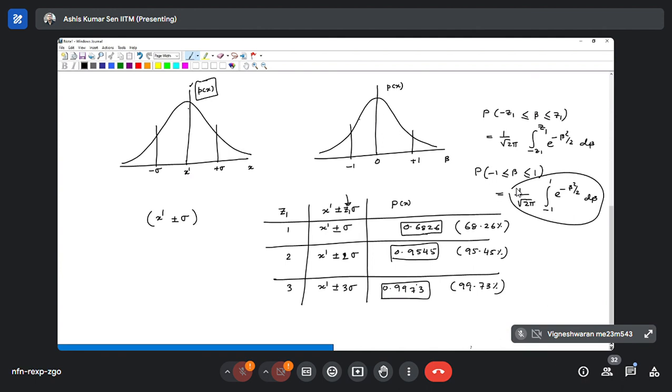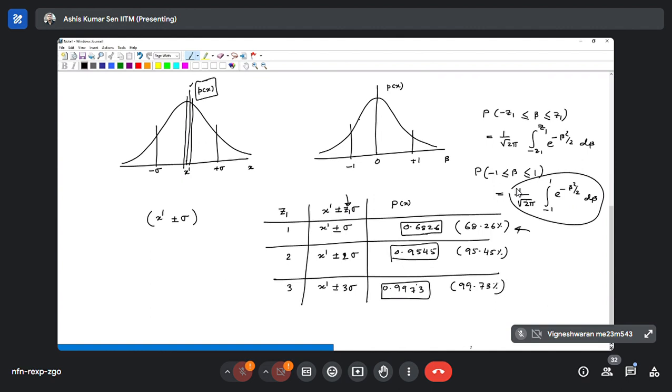But if you are very selective, you have a certain requirement where you do not want the data to deviate too much, you just want to get very accurate, then your probability is going to be very, very small.